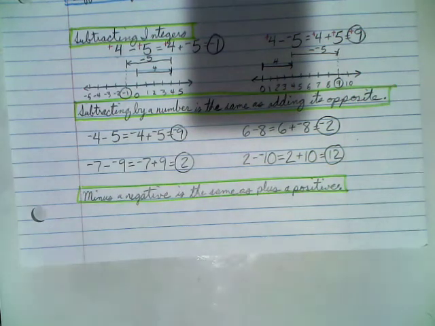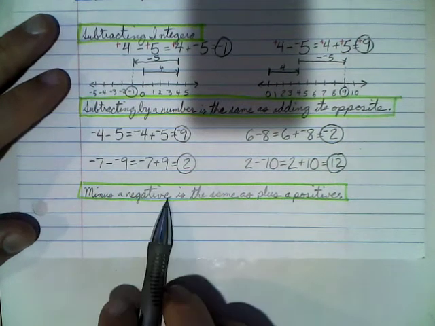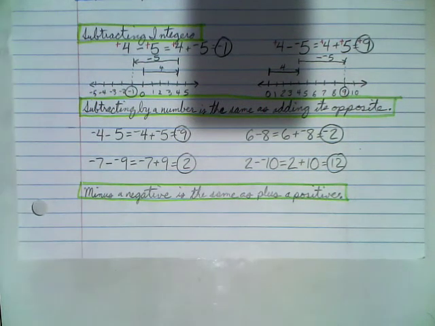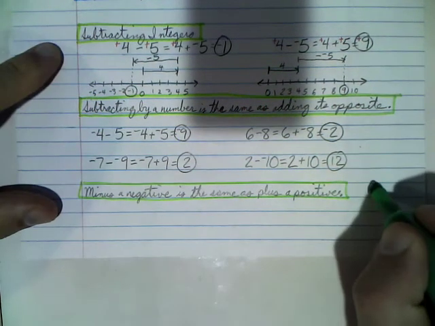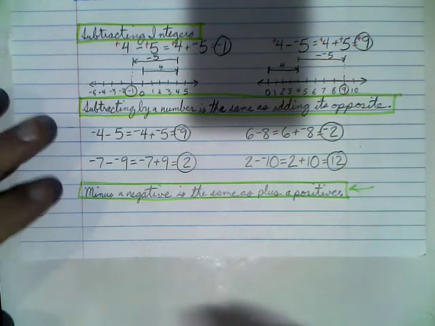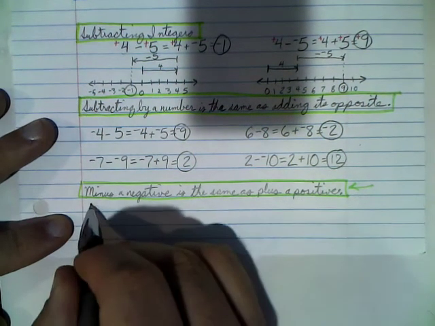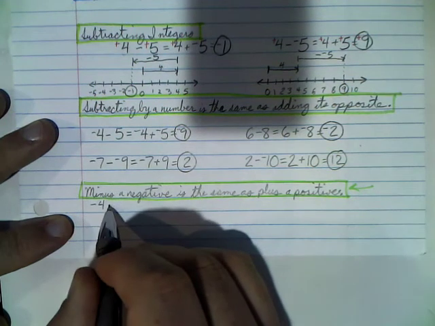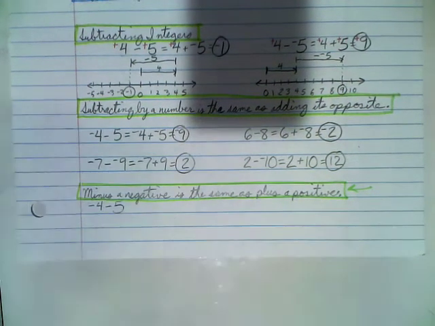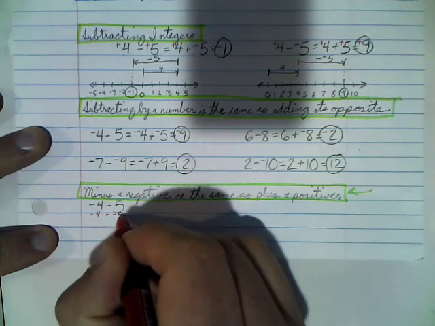So the closer we get to algebra, the more we're going to rely on this second statement here. So actually, why don't you draw a little arrow there just to say, hey, this is the one to really focus on. So if we redo the problems from up above real quick here, if I see a negative 4 minus 5, then what I'm thinking in my head is that this is really a negative 4 plus a negative 5.